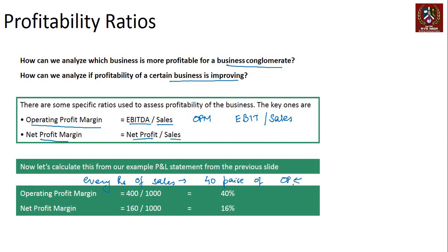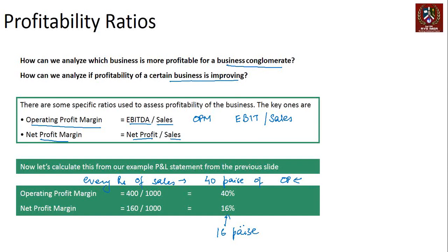Now, we remember that operating profit is more for operational work around the business, and then final profit is more for the business shareholders. Right? This company seems to be producing 16 paise of final profit. Now, as I said, it doesn't give too much information unless we compare it to some of the other peers in the same industry, or we look at history and see, okay, last year what was the number, right? So that's practically the calculation that happens on profitability ratios.